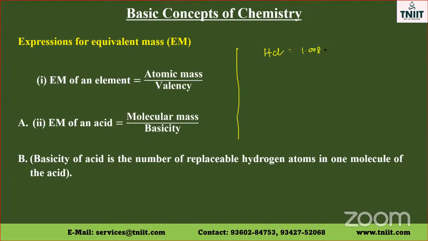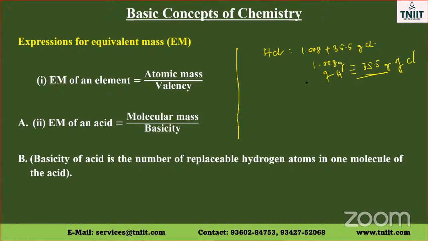1.008 grams of HCl combines with 35.5 grams of chlorine. Therefore, we say 1.008 gram of hydrogen is equivalent to 35.5 gram of chlorine. So the equivalent weight of chlorine is 35.5.